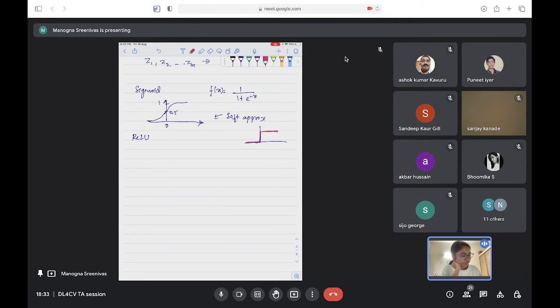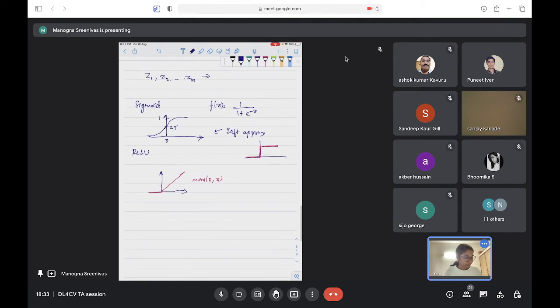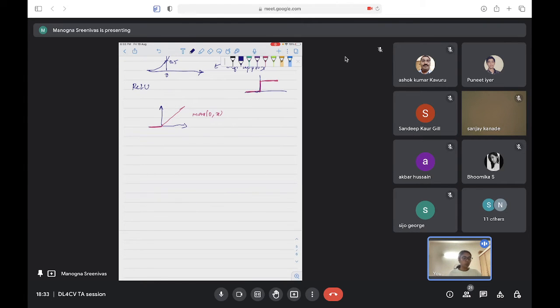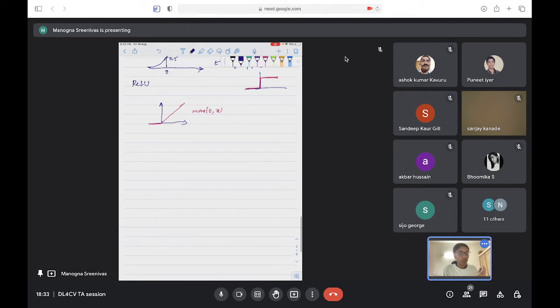ReLU is another nonlinearity which is commonly used. ReLU looks like this. It is given by max of 0 comma x. Now, I use a sequence of hidden layers, and after each neuron I have one such nonlinear activation function.